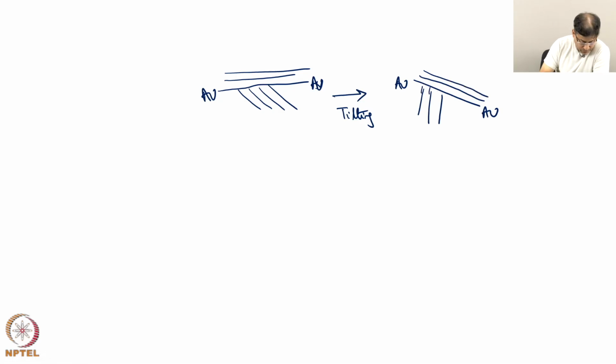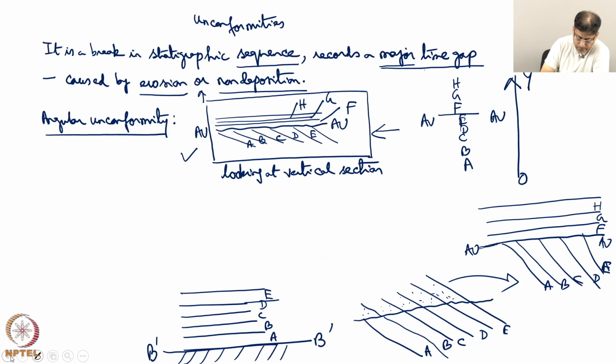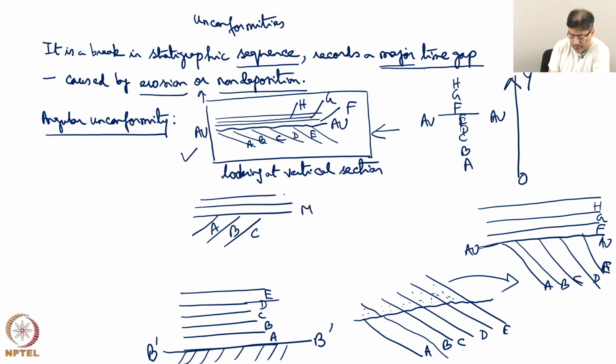I have explained previously for this situation what is the succession. A very simple question to the students: if these are the different units, in this case write down the succession just like this.